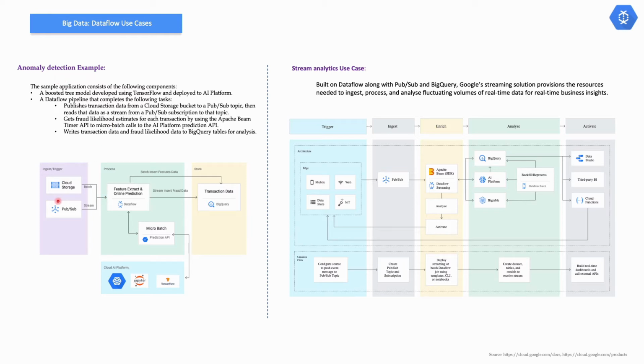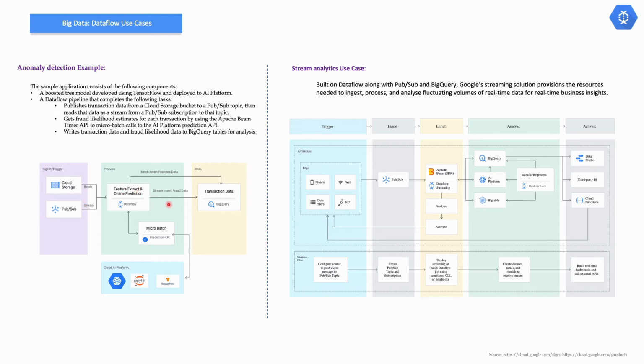In this case, there's a lot of transaction data that's coming into Cloud Storage. Now you have an AI Platform which is using the boosted tree model using TensorFlow, and it gives you a prediction based on the transaction.